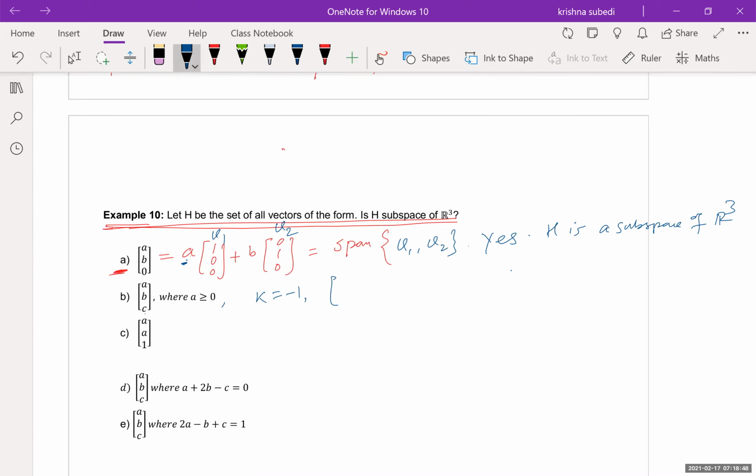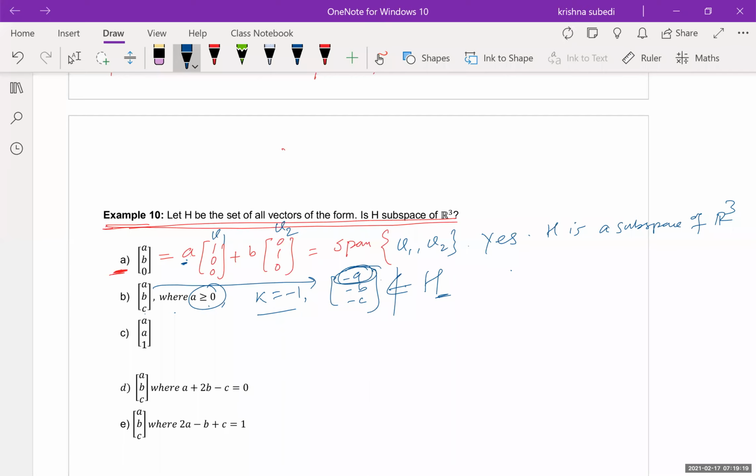Then this will change into negative a, negative b, and negative c. See that this negative a must be non-negative. Now, this does not belong to H because a is not non-negative. So it is not a vector subspace.